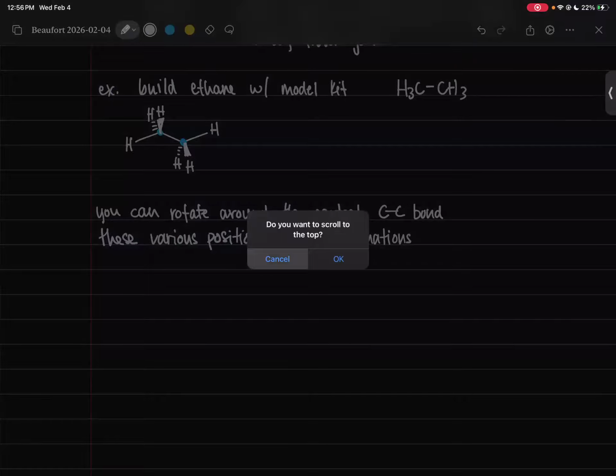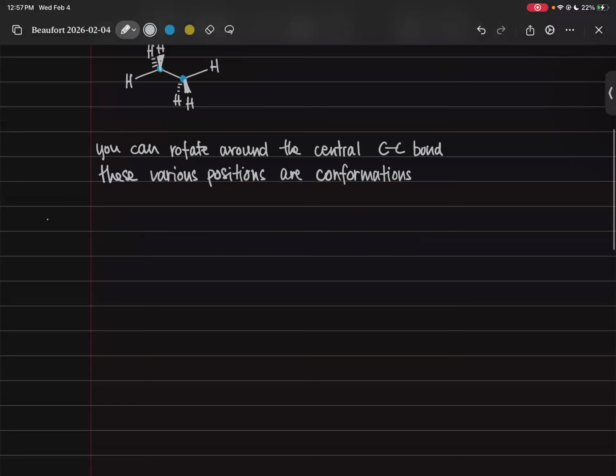They are called Newman projections. I assume there's a dude called Newman.